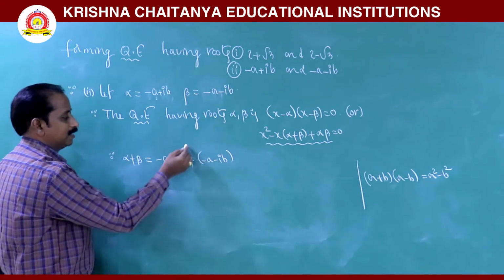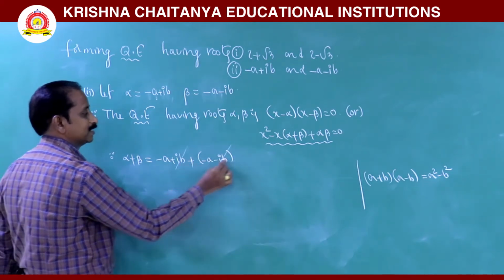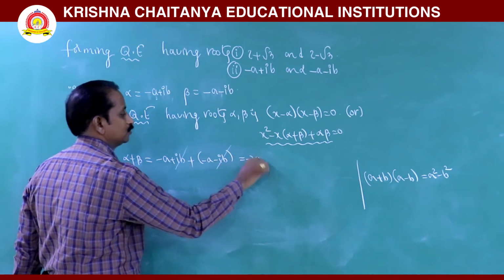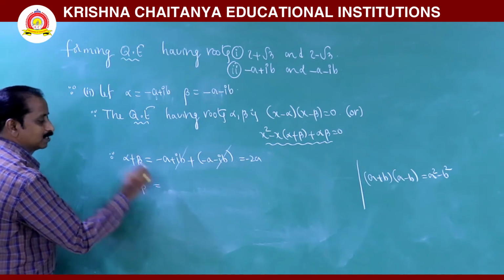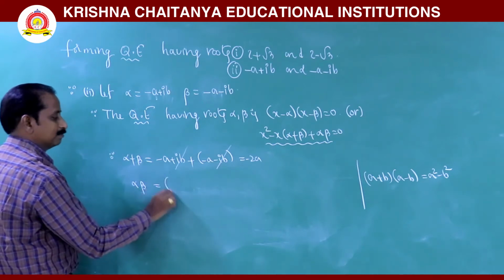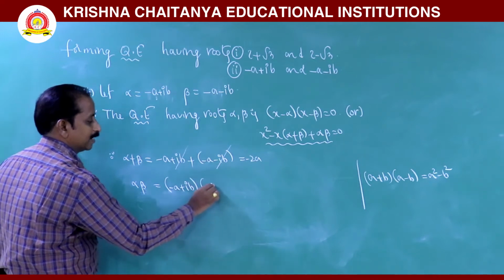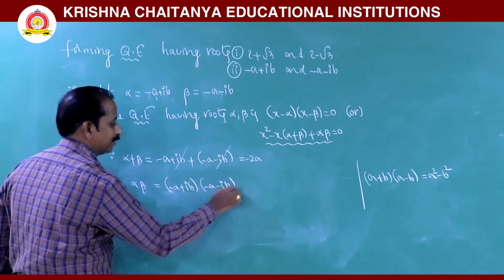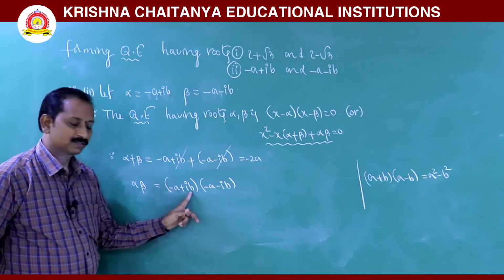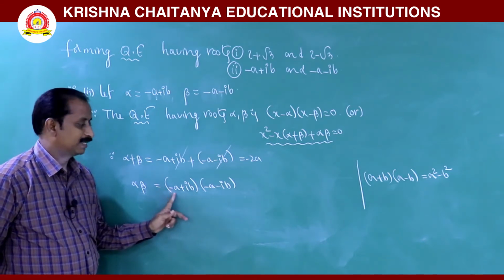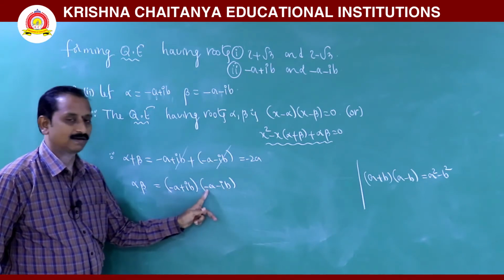Now, ib gets cancelled, and minus a minus a is minus 2a. Next, we want the product of the roots, alpha into beta, which is minus a plus ib into minus a minus ib. Now, in these two terms there will be a common minus. Here also, taking out minus will be common.